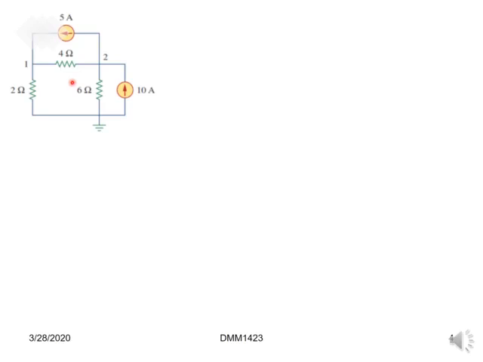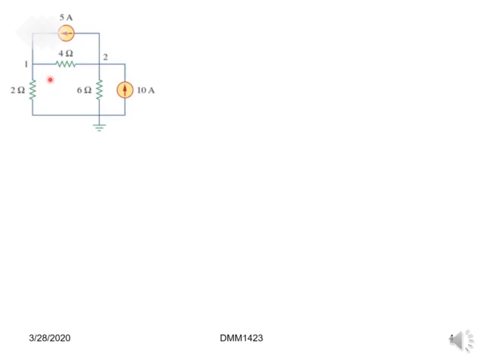Next, the second step is to decide the nodes that can be considered as reference points to determine the voltage of the circuit. In this case, this is considered the first node.